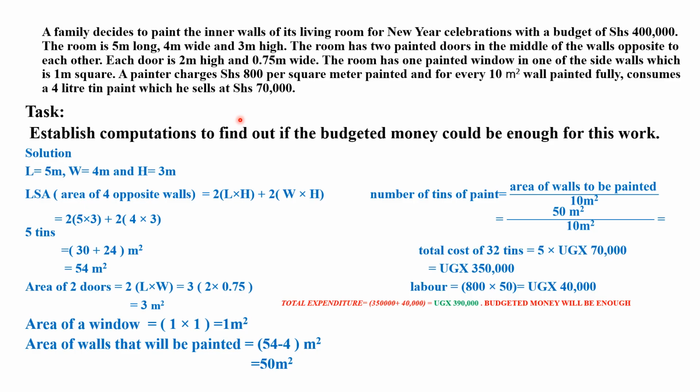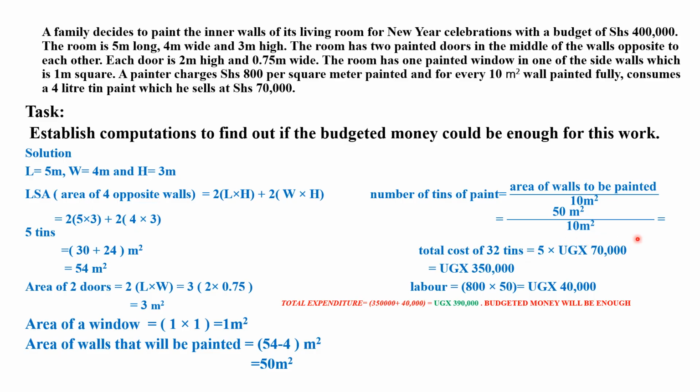But they're not saying 1 liter. They sell a tin of paint, and its capacity is 4 liters. So we shall get the area of the walls to be painted divided by the area that each tin can paint. So 50 divided by 10, I get 5 tins.